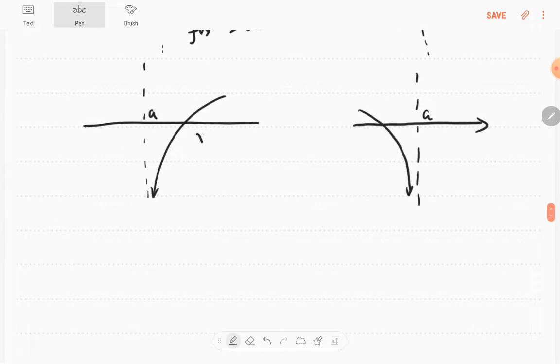When x approaches A from the positive side, the right side of A, then f of x will approach negative infinity. It becomes smaller and smaller forever, you can go down forever, but it will never touch.